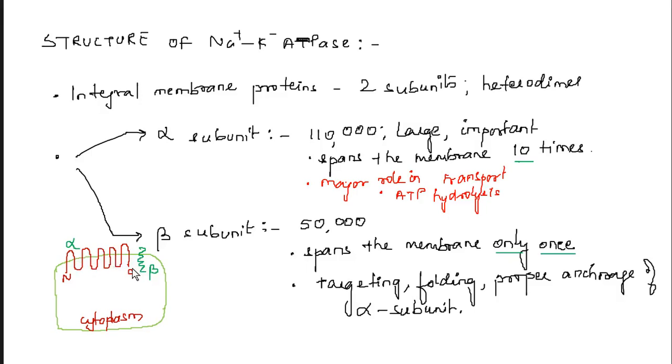So all the major ions which are required to bind and be transported have their binding site in the alpha subunit only. The beta subunit's role is very simple: targeting, folding and proper anchorage of the alpha subunit to the membrane.